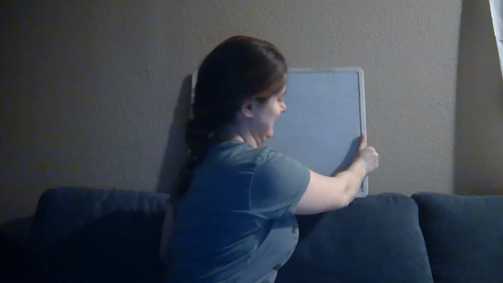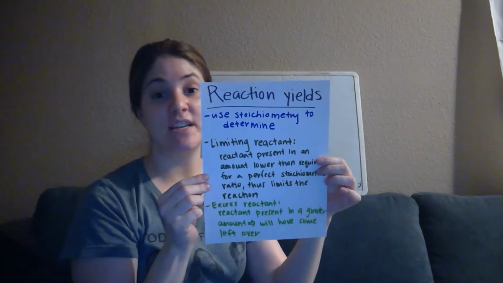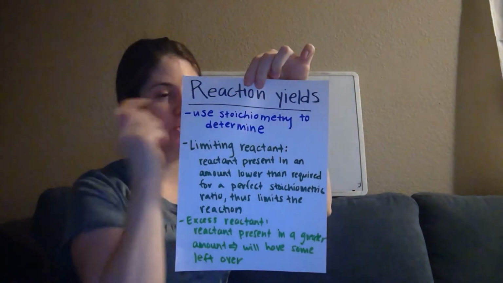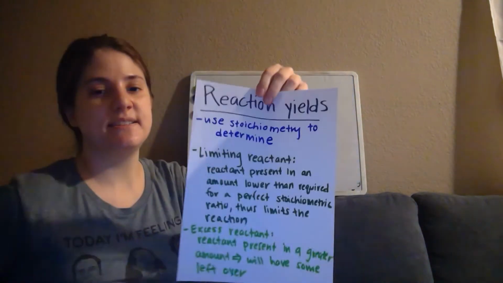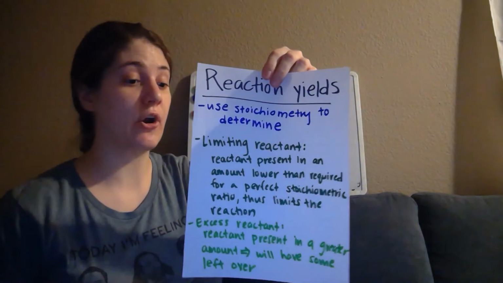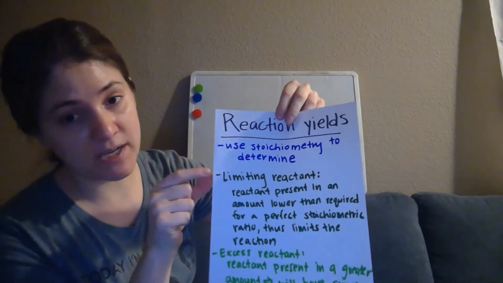But another way that we can apply stoichiometry is in determining reaction yields. So you'll use stoichiometry to determine, and there are a couple of different key terms. And one of those is the limiting reactant.